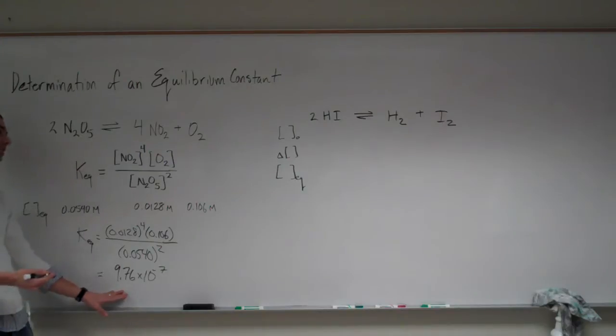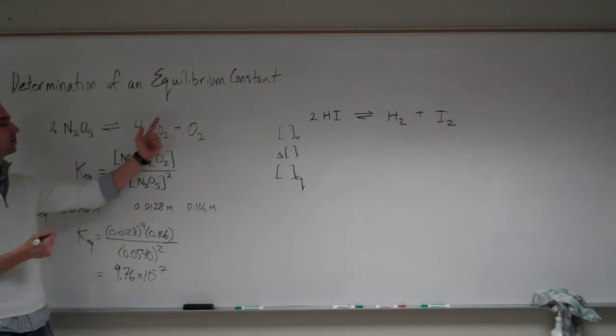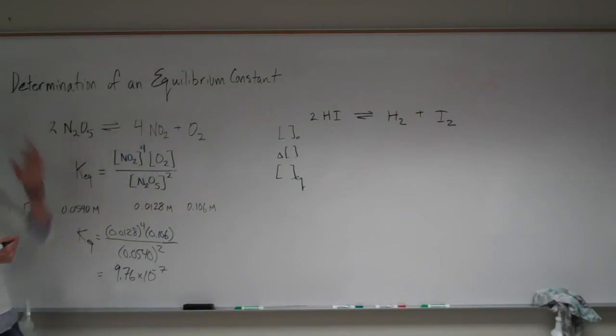If we try this reaction a different day, but at the same temperature, that would be the one thing that would have to be constant, and began with different amounts of N2O5, NO2, and O2 than we imaginarily began with in this case, we would still arrive at this number.